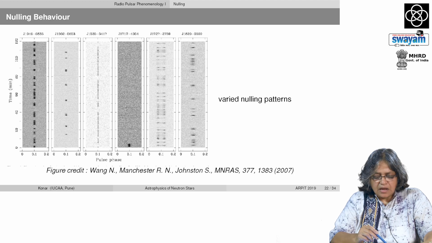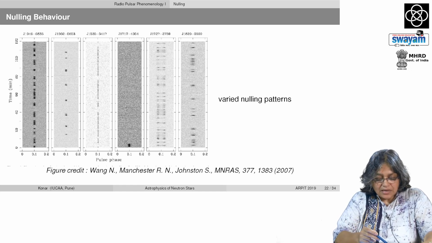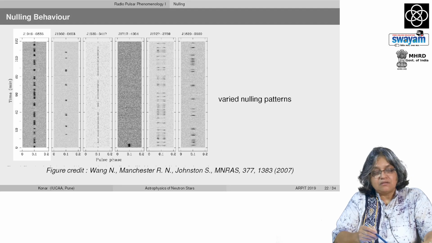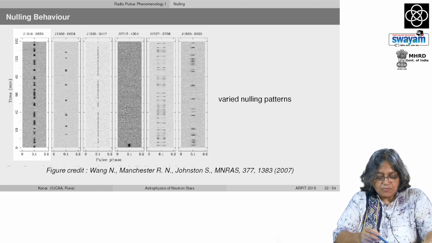Here is a patchwork made of the nulling patterns from 6 different pulsars. These black points are the pulses which have been observed. You will see that for this pulsar, the gaps, that is the nulling phases, are more or less regular, they appear regularly. For this object, even though they appear regularly, they tend to be much longer than for this pulsar.